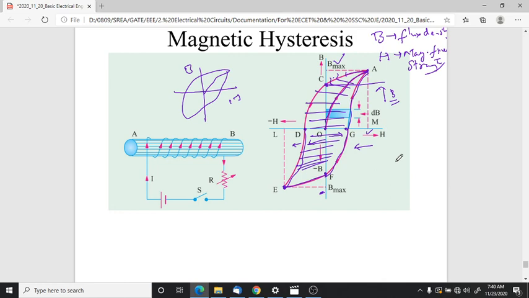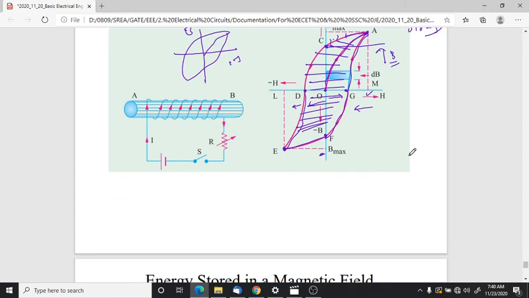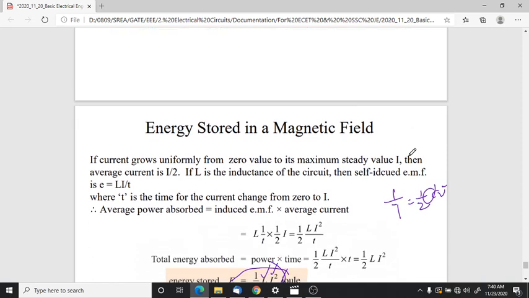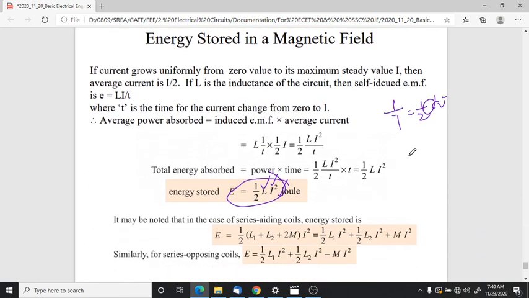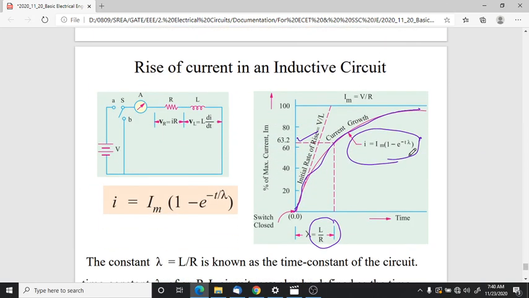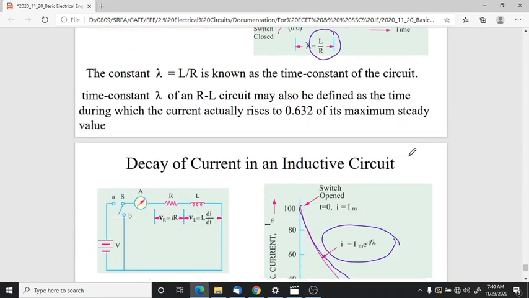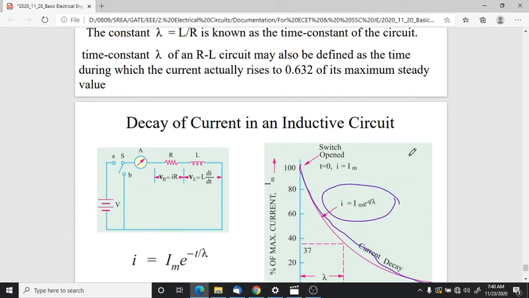Now in this chapter, let us recollect what we have seen. We have seen magnetic hysteresis, the magnetic property of the relation between flux density and magnetic field strength, and the energy stored in the magnetic field, the equation of half L I square. We have seen the rise of current and the decay of current in an inductive circuit.